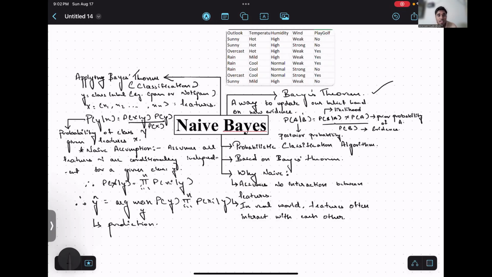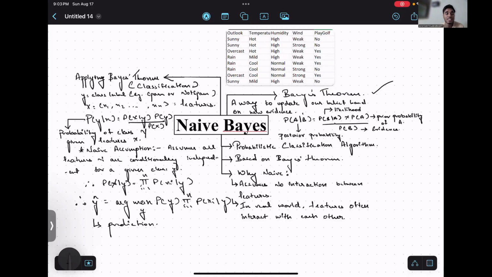Assume we have y, which is a class label like spam or not spam, and we have features x, which is equal to x1, x2, x3 up to xn, representing the number of features. Now we want to calculate the probability of a class y given the features x.